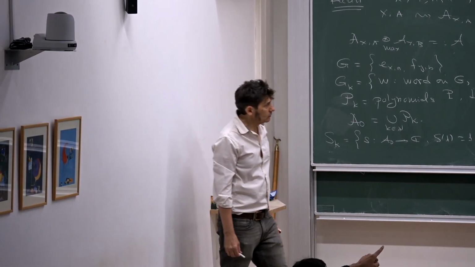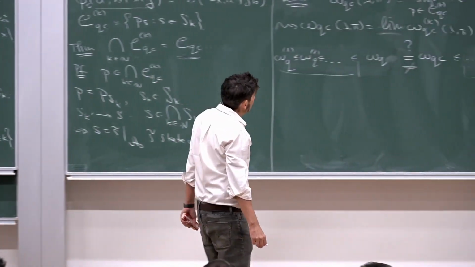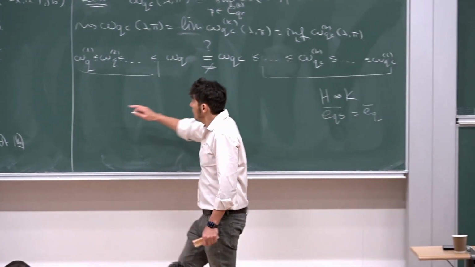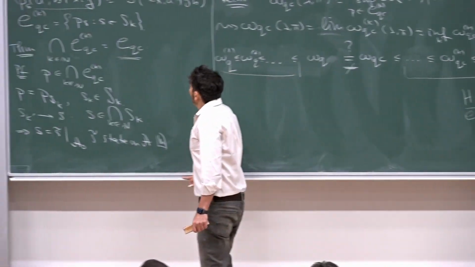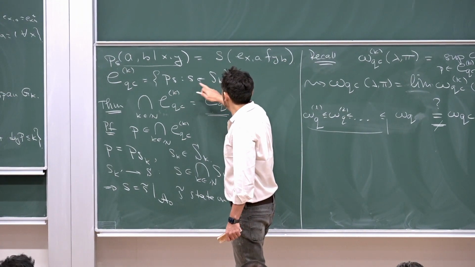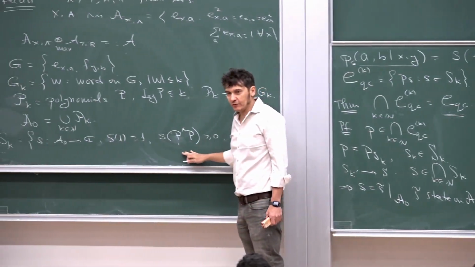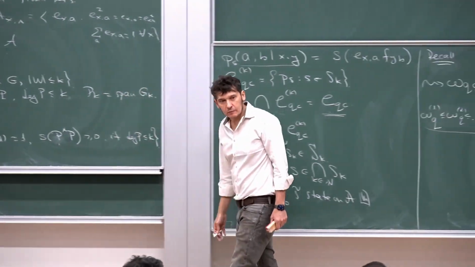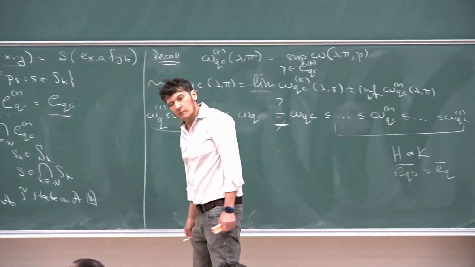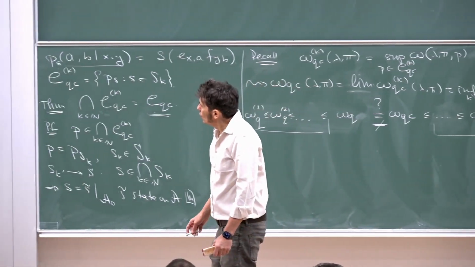Over here, I'm just taking some functional that is positive on these polynomials, and we've identified EXA with EXA tensor 1, and FYP with 1 tensor FYP.